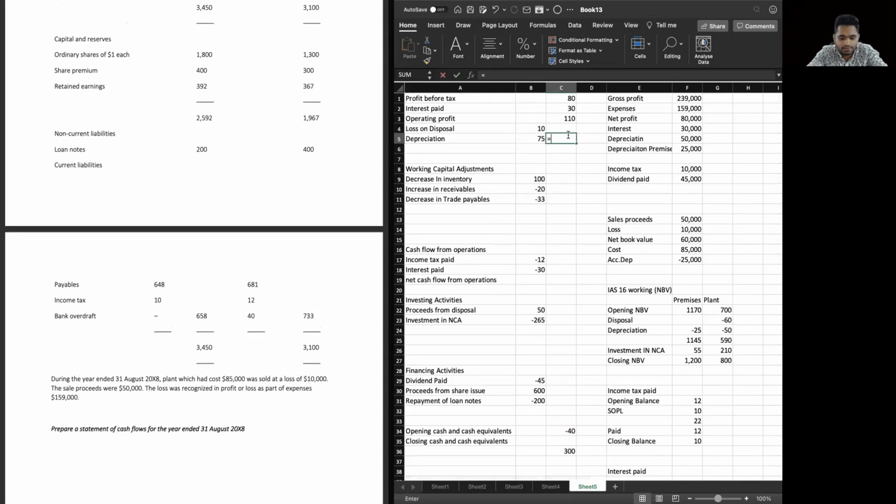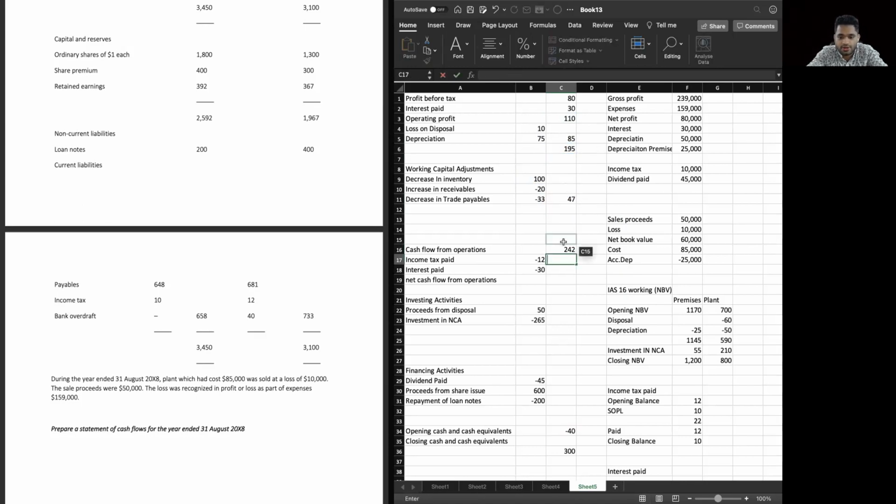So the total of your non-cash items would be 85. They would add up to 110 plus 85, 195. Your working capital adjustments will add up to 47. So your cash flow from operations will be 195 plus 47, 242.